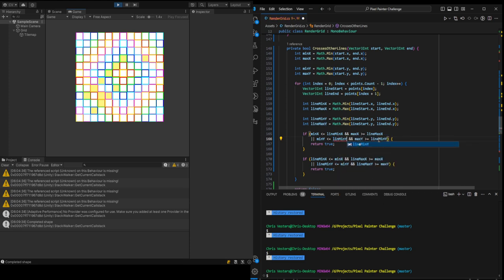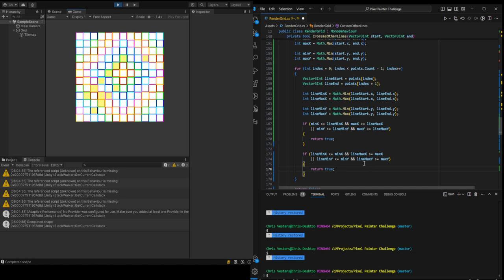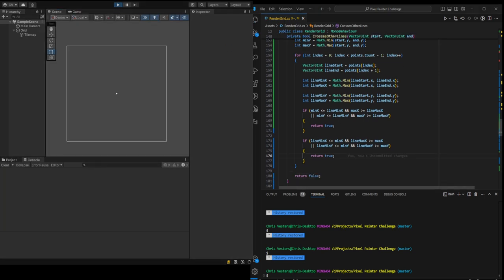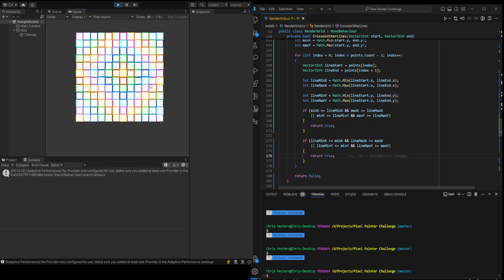Line min y. Interesting, because what it wrote here is actually correct. Okay, I'm going to see what this one does. I think there's still an edge case where it doesn't work.